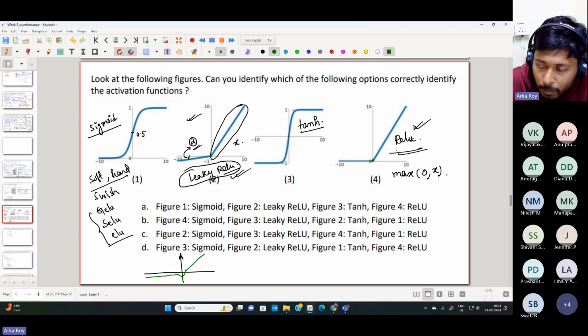There is another version. For example, probably the year before last, there was a very big conference, CVPR. Two Indians were there, and they proposed a different version of sigmoid. It looks like this.